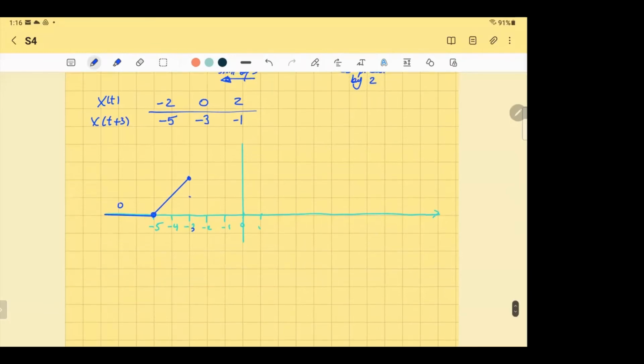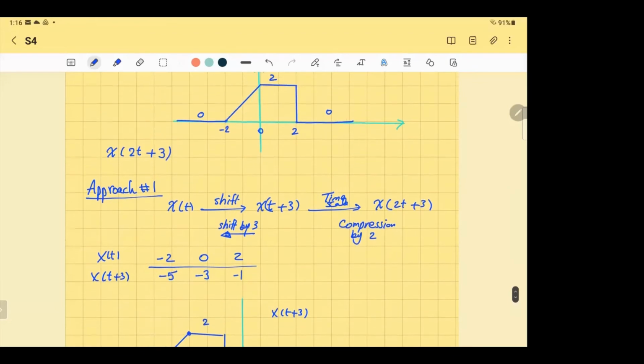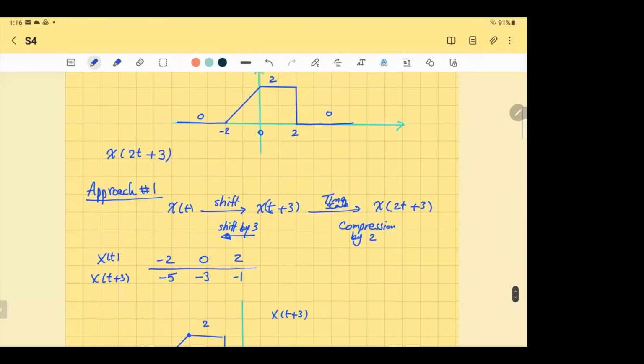And up to t -1 will be a vertical line. I have the value equal 2, and then after that will be equal 0. So that's x(t) plus 3. You see the shift? Happens shift.